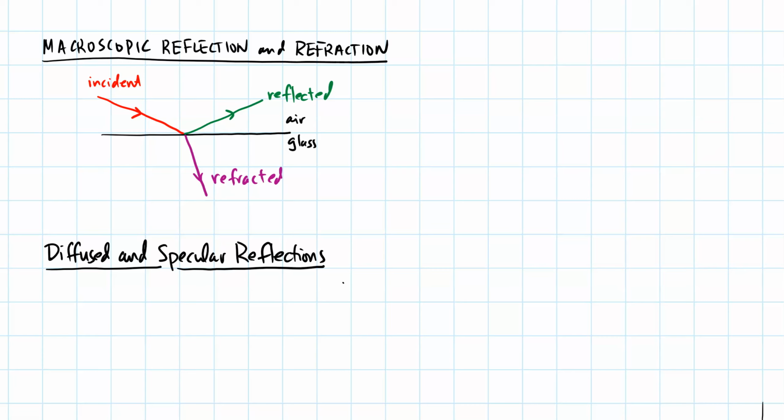There are two types of reflection: diffused reflection and specular reflection. What determines whether you have diffused and specular reflection will depend on the surface and the wavelength.